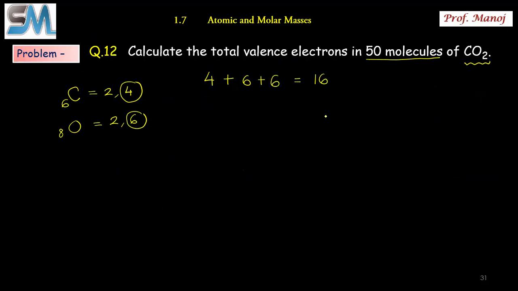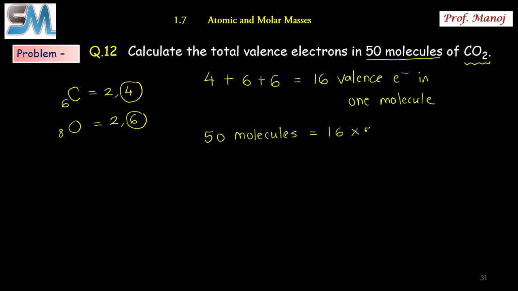So this is going to be 16 valence electrons present in one single molecule. They are asking for 50, so 50 molecules will contain 16 into 50. 16 fives are 80. So 800 valence electrons.